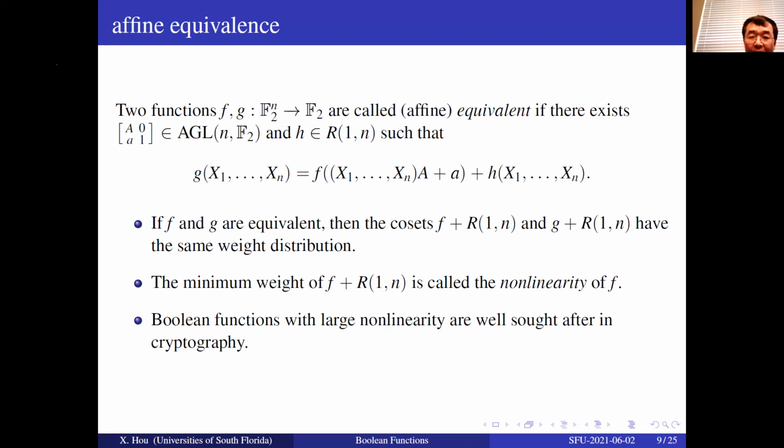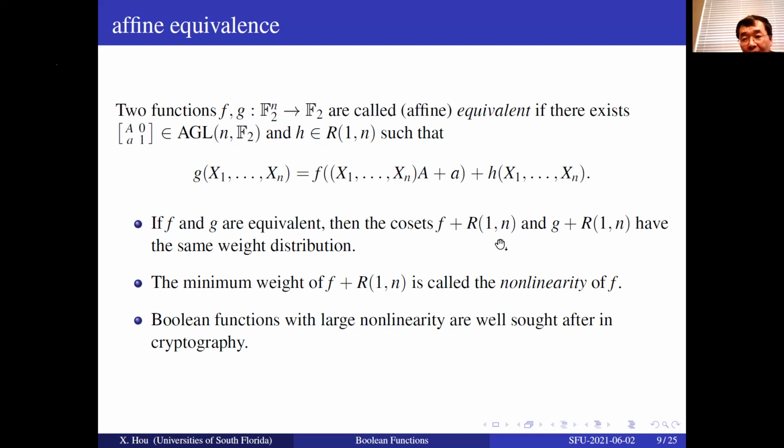Okay. Why are people interested in this kind of equivalence? Well, the main reason is this: if F and G are equivalent, then the coset of the first order Reed-Muller code containing F and the coset of the first order Reed-Muller code containing G have the same weight distribution.